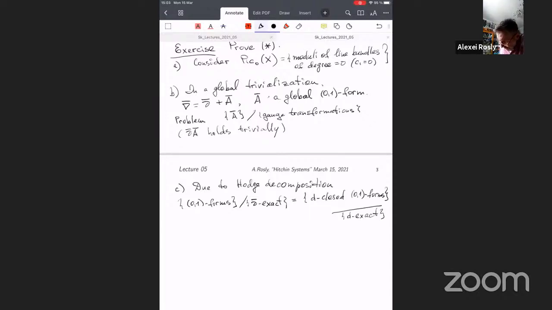In more rigorous terms, this would be harmonic one forms. But hoping that we understand each other, I write simply constant 0-1 forms. That's it.